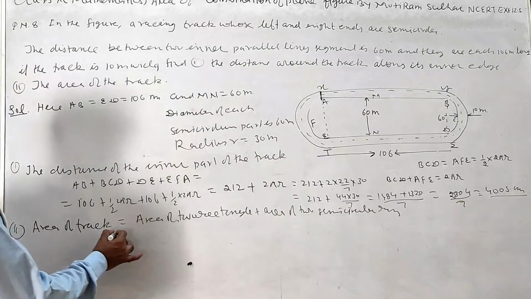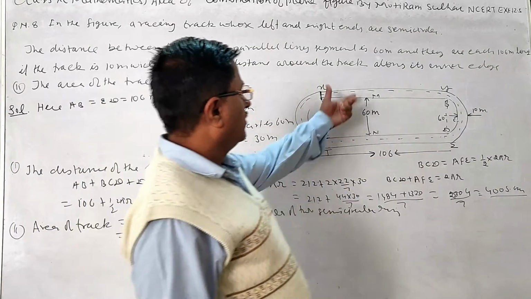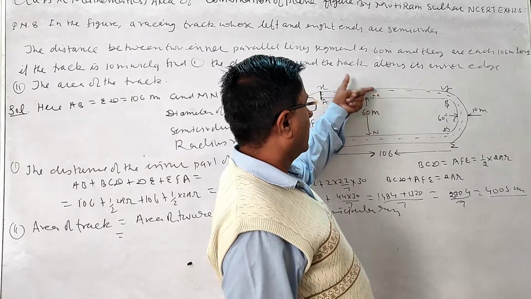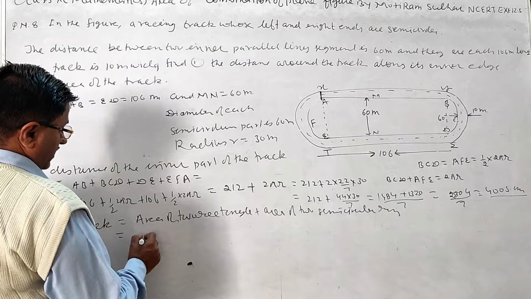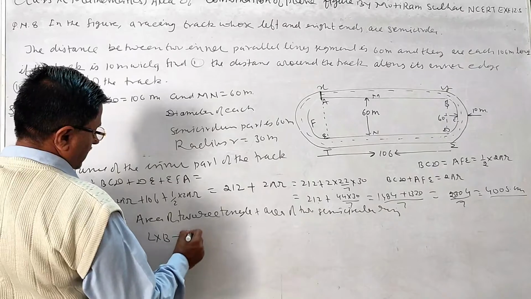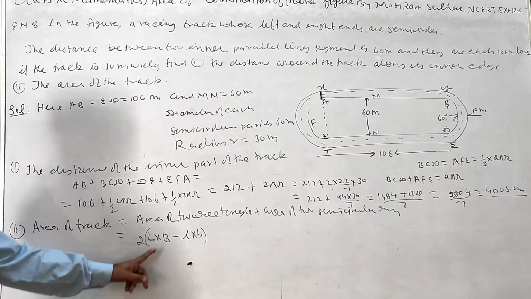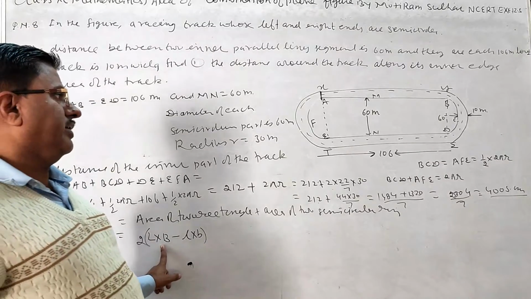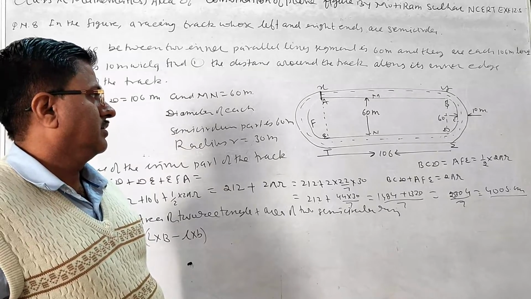Now area of a rectangle, that is length into breadth, but we have outer minus inner, outer minus inner. So outer area, capital L, length into breadth, minus inner, length into breadth. So this is twice of outer rectangle minus inner rectangle. Clear?